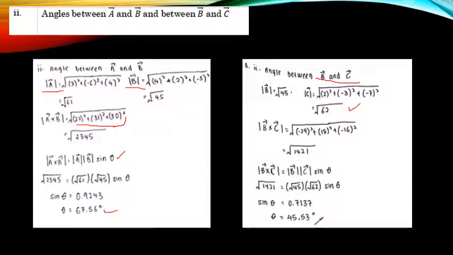After that, using the vector product of vector B and vector C from question 3.1, the magnitude is square root 1421. I use the same equation as just now, substitute the values, and find theta, the angle between B and C, which is 45.53 degrees.